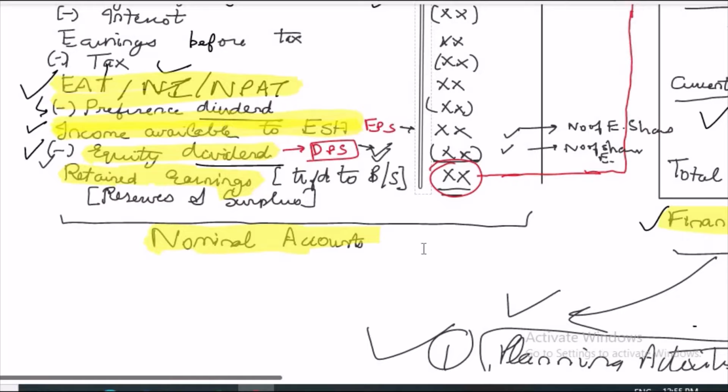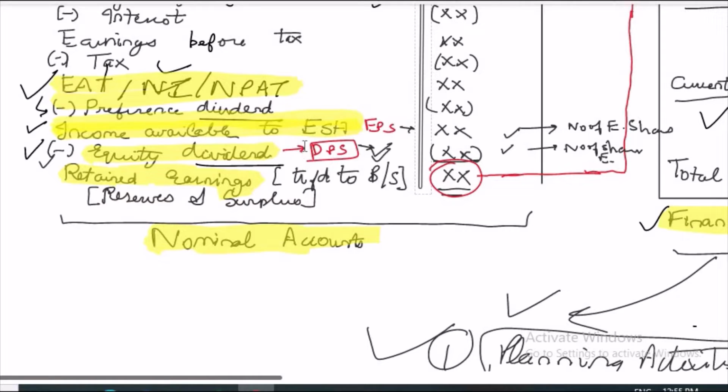Then we subtract the preference dividend, which we pay to our preference shareholders. Then comes the income available to equity shareholders, which gives EPS, earnings per share. Then we subtract the equity dividend, which is given to the equity shareholders, who are known as the owners of the company.